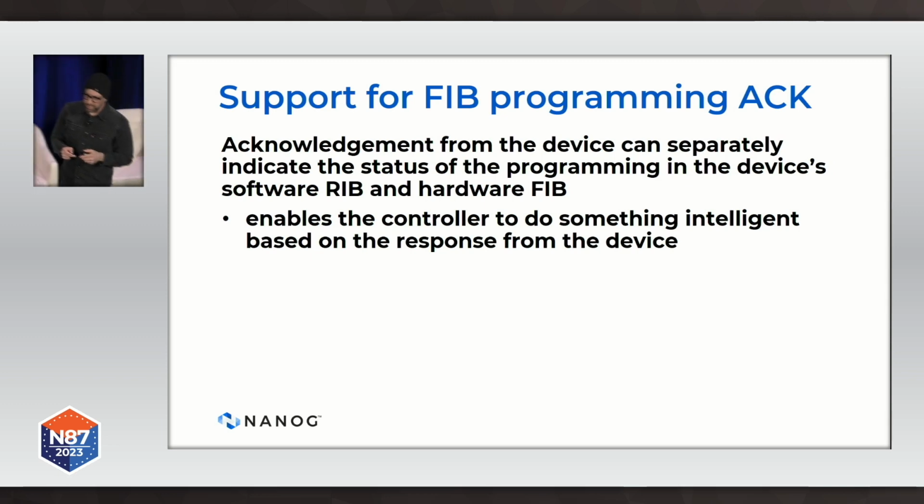So this gives us a mechanism to say, if I ran out of hardware resources and I wasn't able to get a FIB ACK, I can do something intelligent from the perspective of the controller. Maybe I don't want to install this tunnel destination. Maybe I don't want to rebalance the traffic in this manner if I can't actually service that request from the perspective of the hardware.